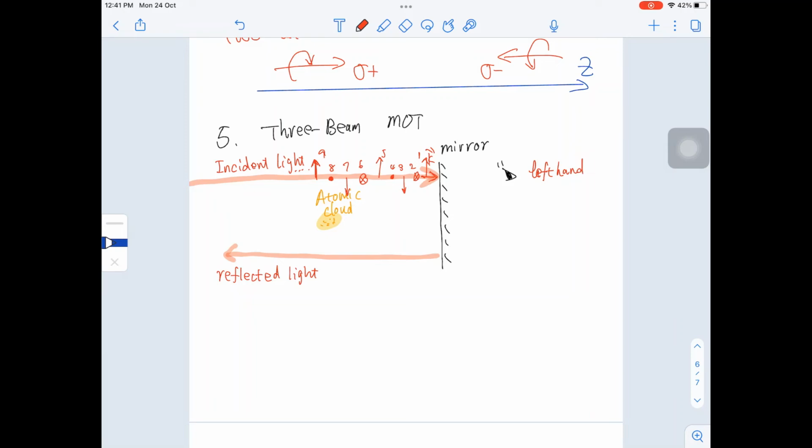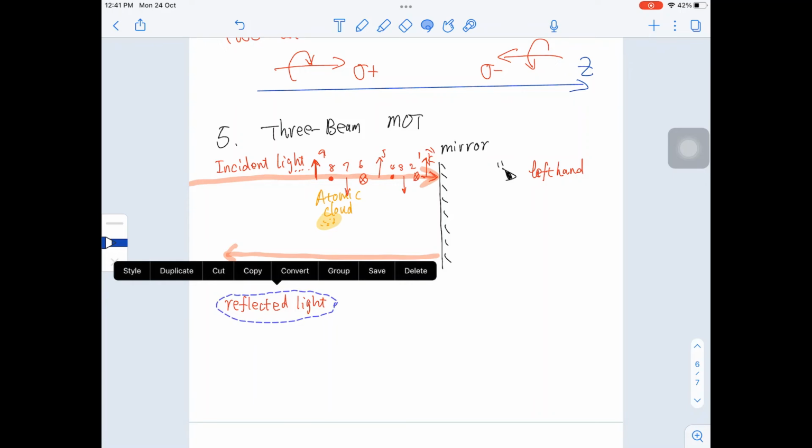Left hand, and when it reflects back, 1 comes first, right? 1 will be reflected first.